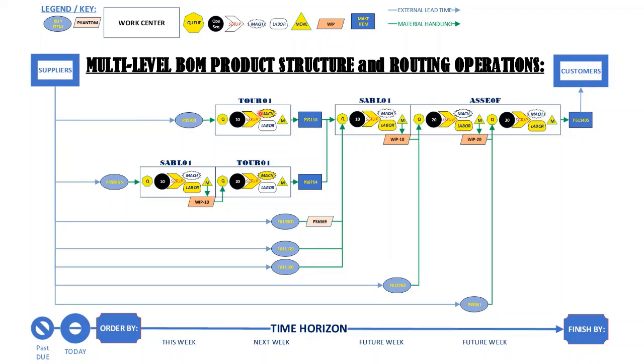Now, these semi-finished item components that are needed to make an F611405, you can assume that these are common components, manufactured components, that go into other finished good items.